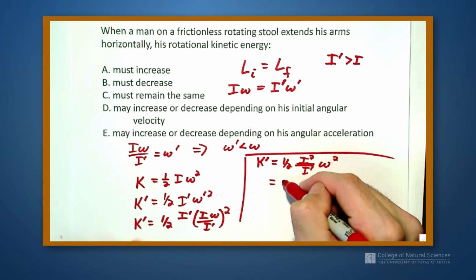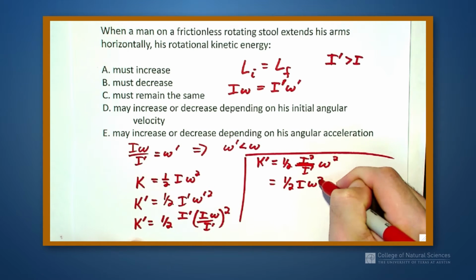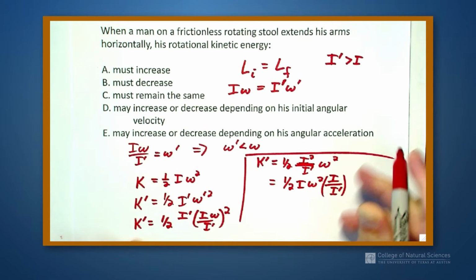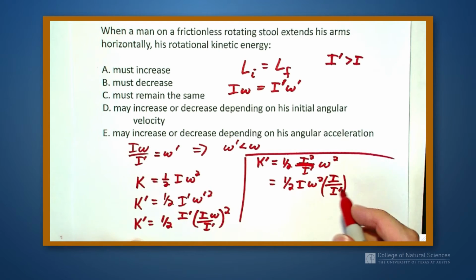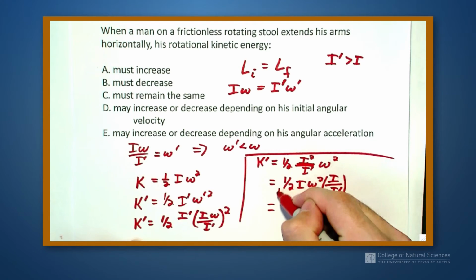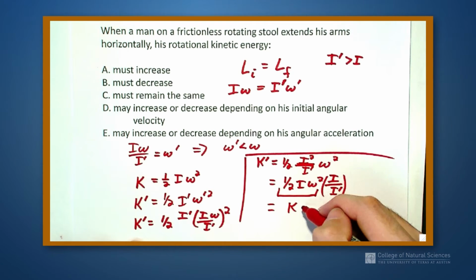Well, I know that I have 1/2 I omega squared times I over I prime. So I'm just taking one of the I's up top and the I prime on the bottom and moving it to the outside. And the reason I do this is I look and see that this thing right here is nothing more than my original K. So I get K prime is equal to K times I over I prime.